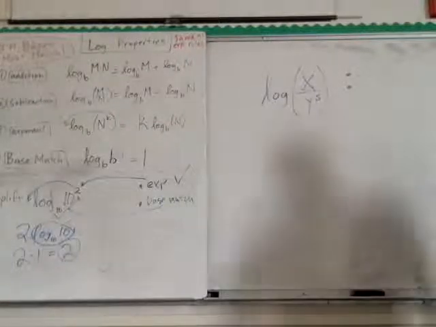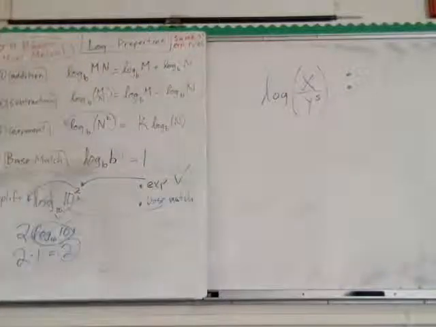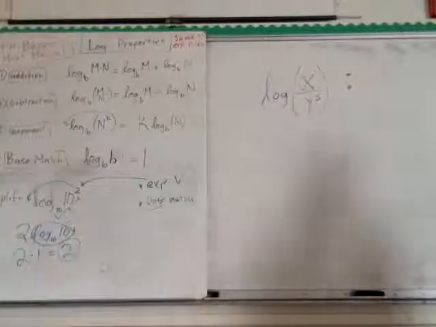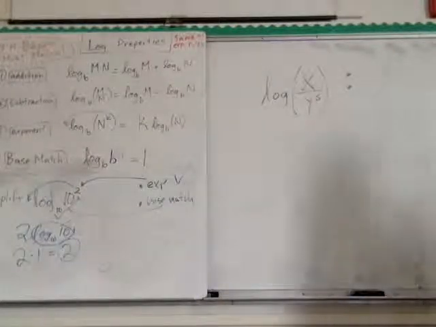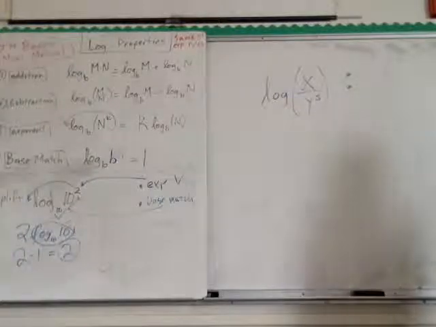Oh wait, no. Oh yeah, now I see that. X over y to the 5th. So then you would use subtraction. All right, if you haven't talked to anybody, double check.